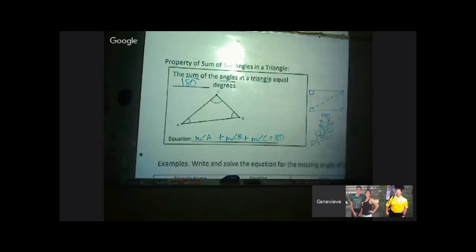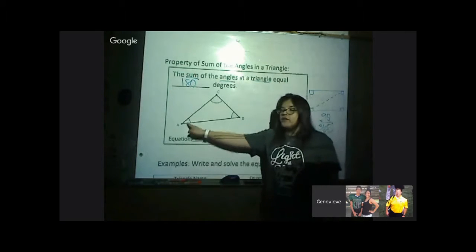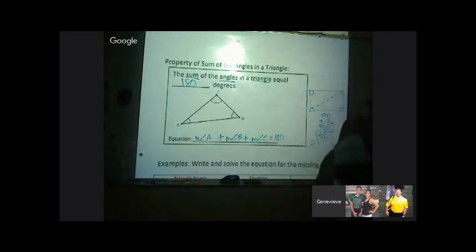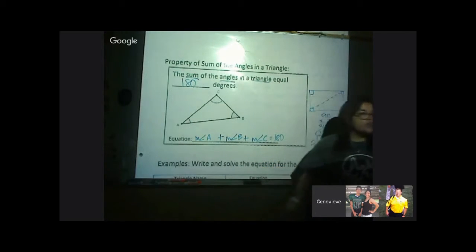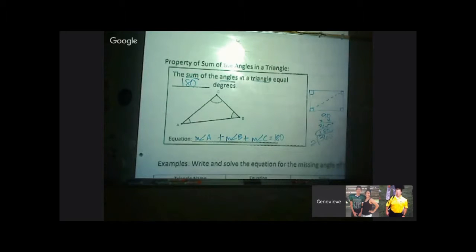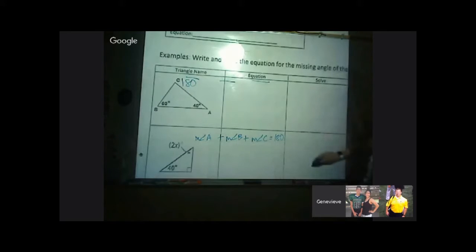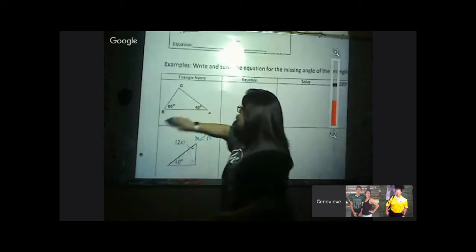That's kind of like a formula that you would use all the time. Whatever your angle A is, plus your angle B, plus whatever your angle C is, will always equal 180 degrees. Always true. And if we know that, then we can use an equation like this to help us find a missing angle measure. So let's look at some examples and see how we're going to solve for missing angles.